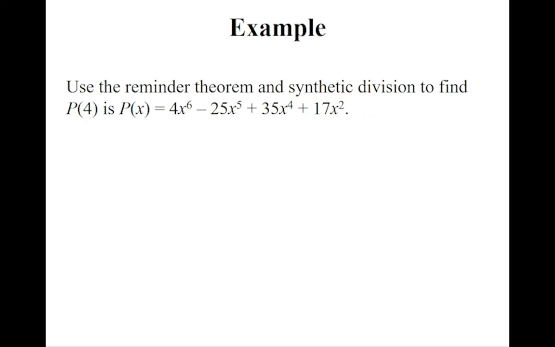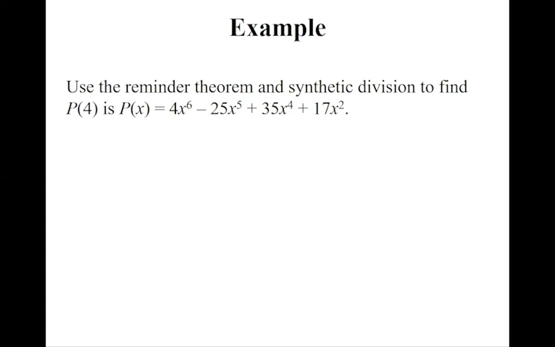Use the remainder theorem and synthetic division to find p of 4 if p of x is 4x to the 6th minus 25x to the 5th plus 35x to the 4th plus 17x squared.